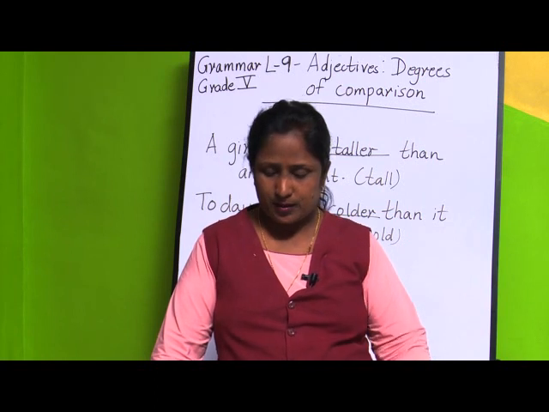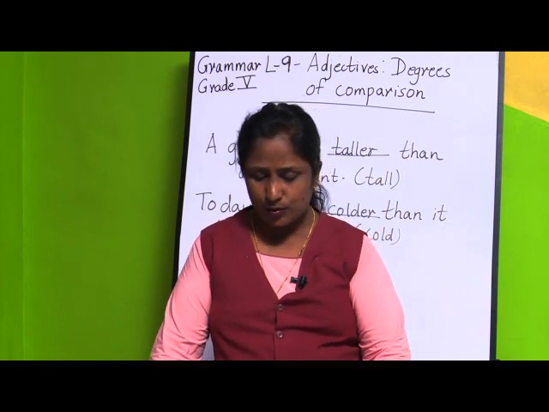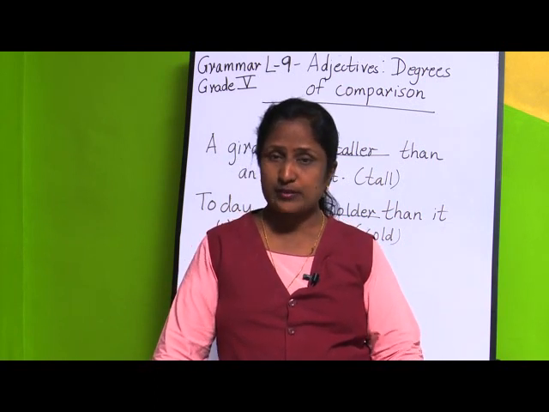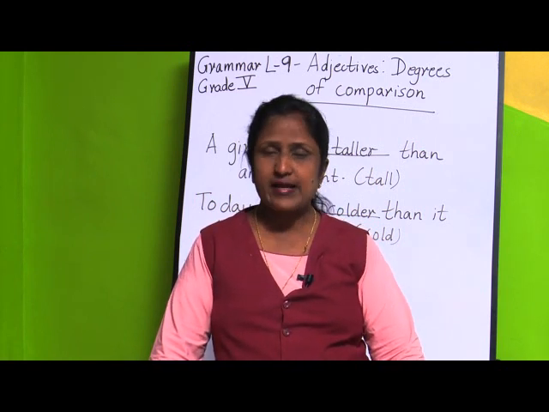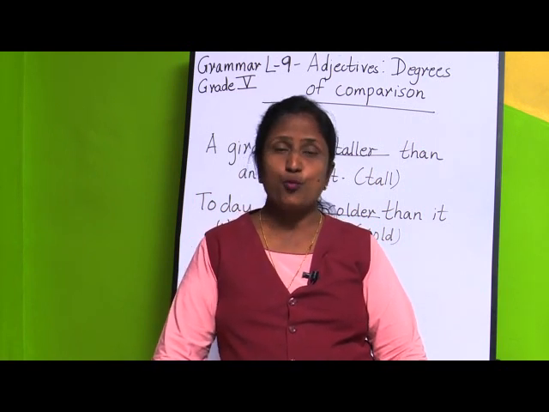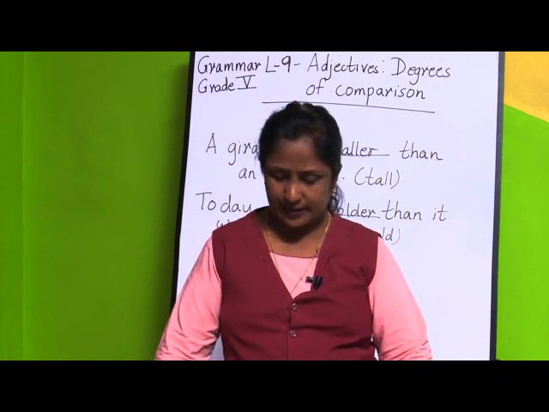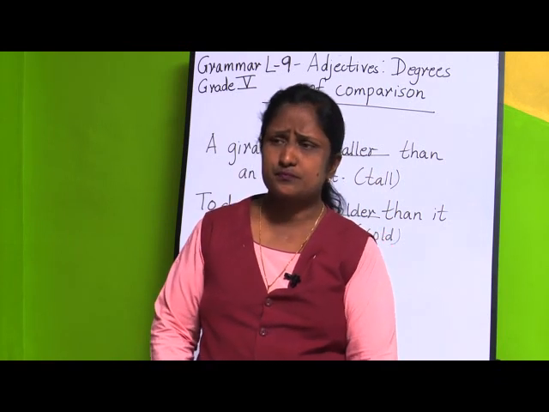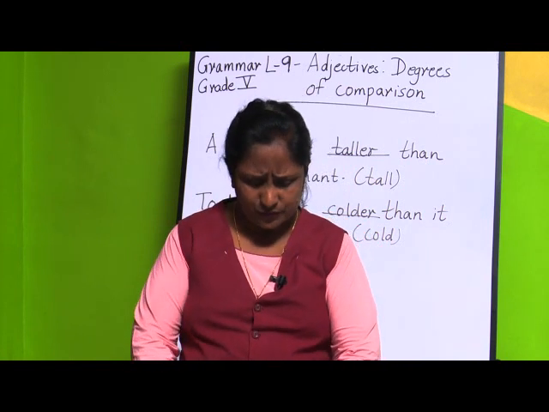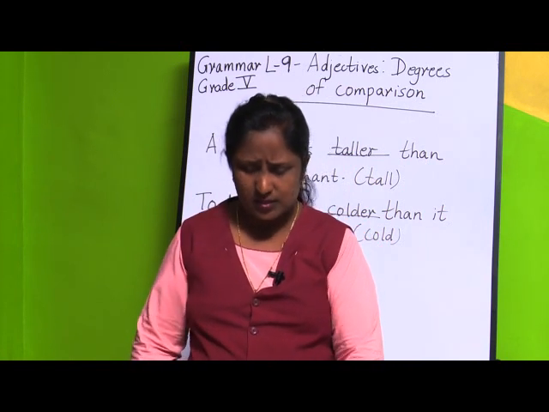Superlative degree is the comparison between more than 2 persons, and here we add est or use the word most before an adjective. Also we have seen the rules for that. The first rule was what?